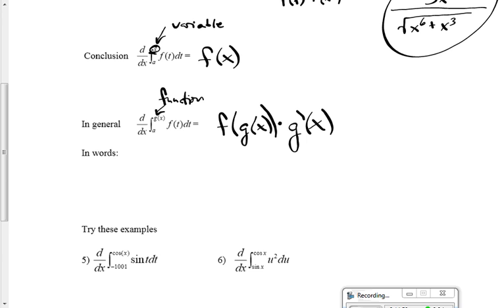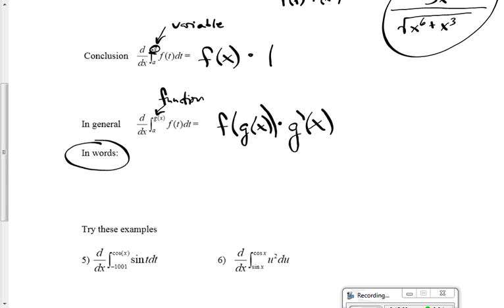Just make sure you multiply by the composition of the functions and the derivative. Okay? Will you add your own meaning here in words? I think it should have something to do with the function evaluated at the upper limit times the derivative of the upper limit. And the derivative of the upper limit piece applies there too, because the derivative of x is 1. So you can always use chain rule there.